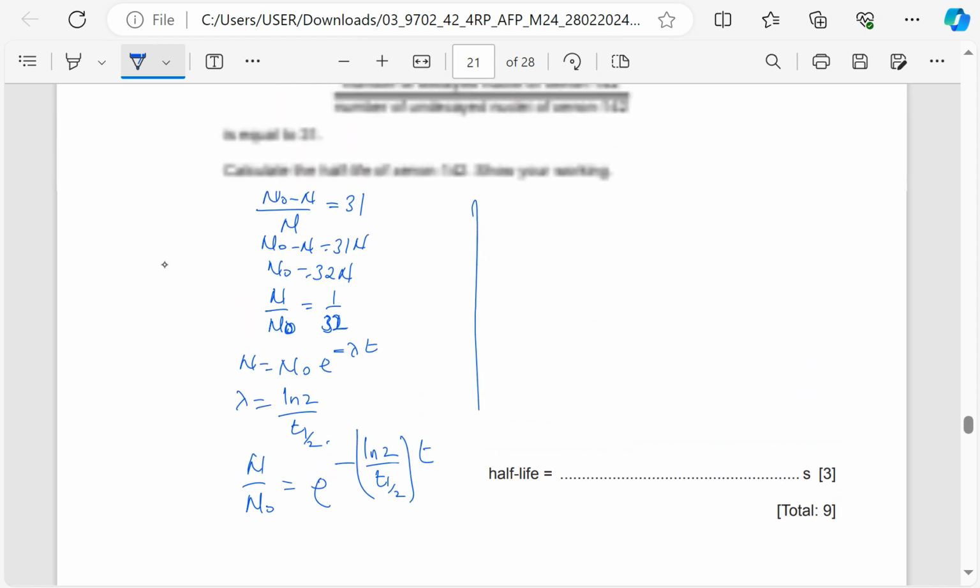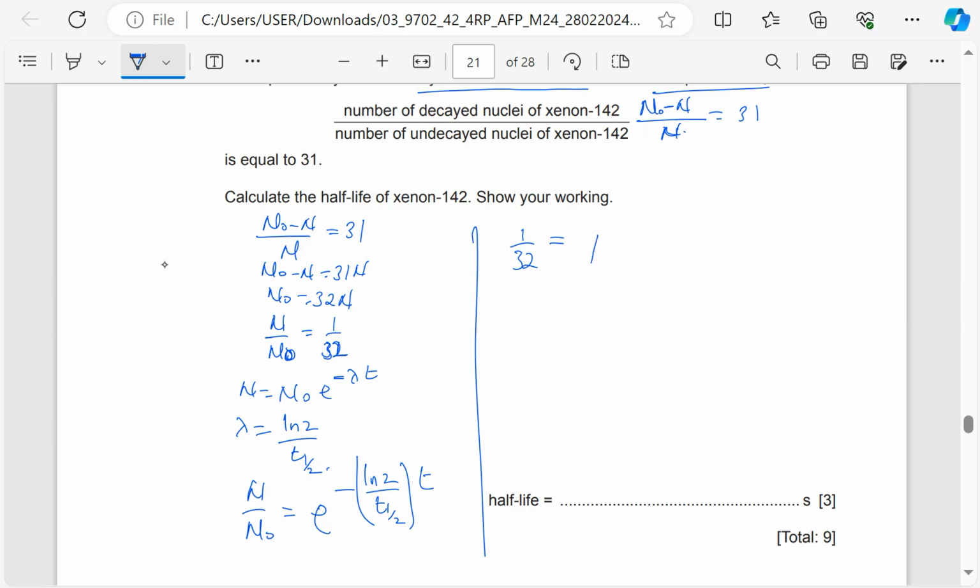Substituting, 1 over 32 equals e power minus ln 2 over t half times 6. Taking ln, ln of 1 over 32 equals negative 6 ln 2 over t half.